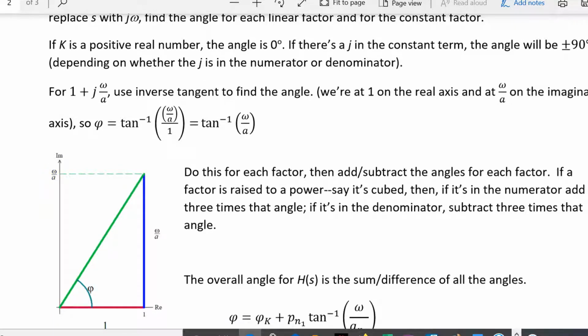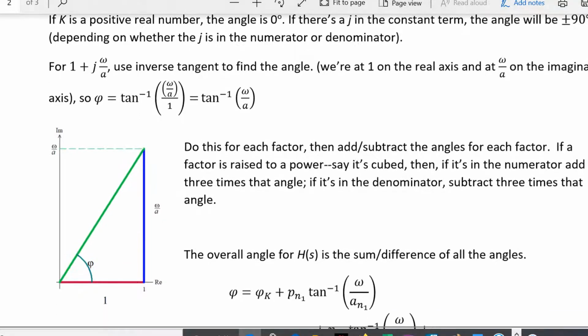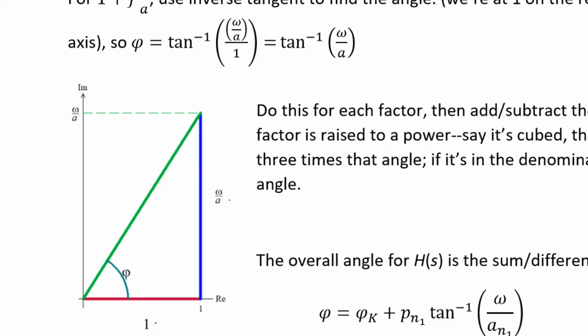So to find the angle for that factor, we just want to use inverse tangent, right? So I drew my right triangle. Here's 1 on the real, omega over a on the imaginary, made that right triangle. So tangent is opposite over adjacent. And then we just take inverse tangent. So opposite is omega over a, adjacent is 1. And so you just get inverse tangent of omega over a.